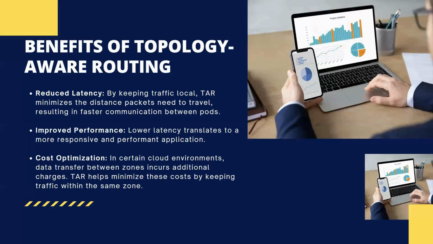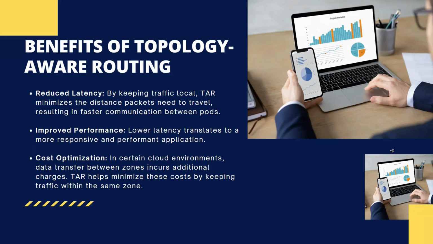Before we jump into the example, I'd like to give you one more detail. It's called benefits. What are the key benefits of topology aware routing? Reduced latency is the first and foremost. By keeping the traffic local, TAR minimizes the distance packets need to travel, resulting in faster communication between the pods, right?